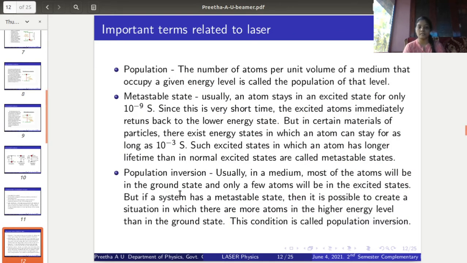This metastable state should be there for the lasing action to occur.